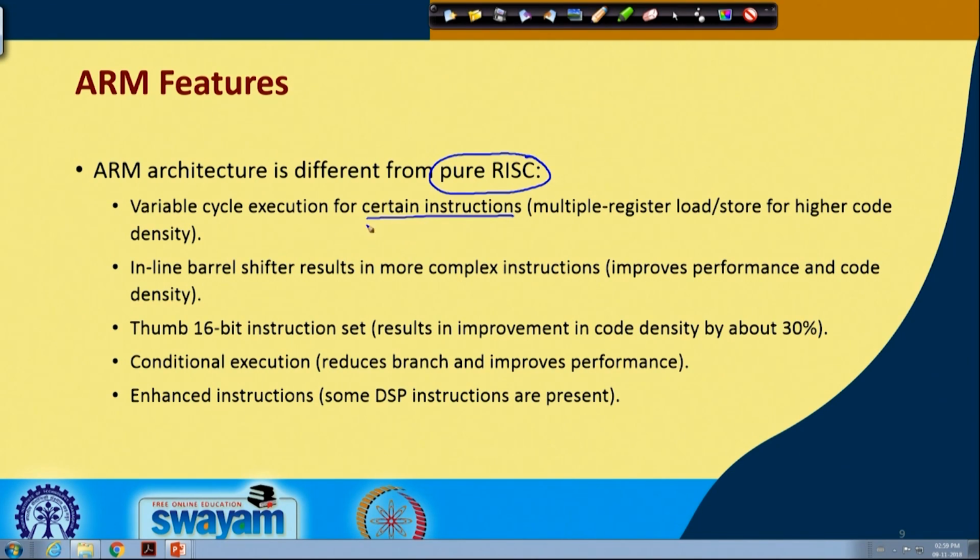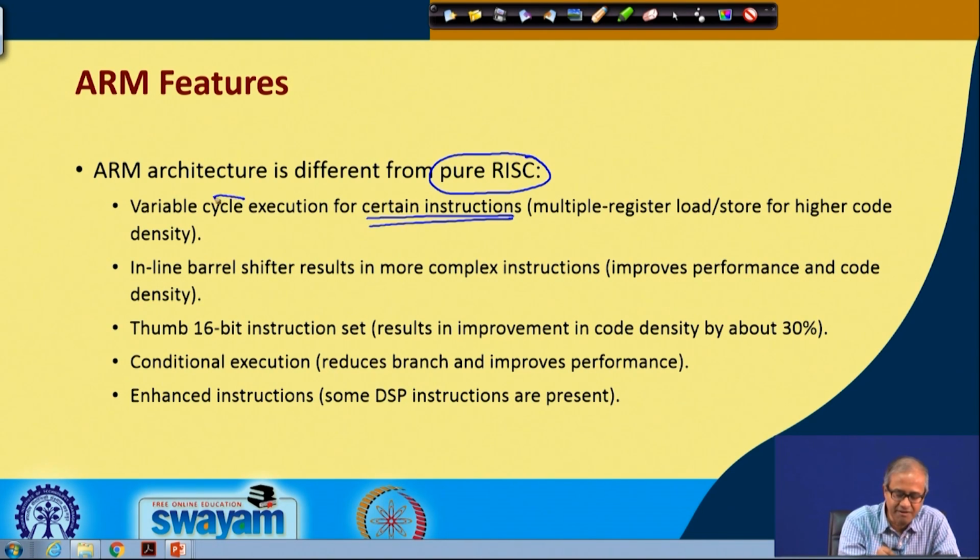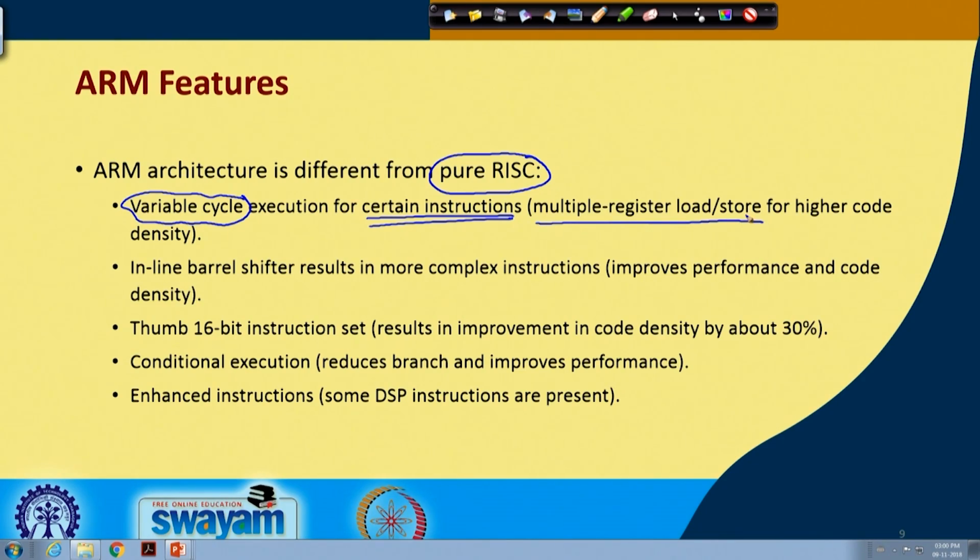Certain instructions require a variable number of clock cycles for execution. While talking about RISC, I said all instructions should be executable in a single clock cycle, but in ARM some of the instructions can be more complex and can require multiple clocks. Such instructions are there. One classical example is multiple register load store.